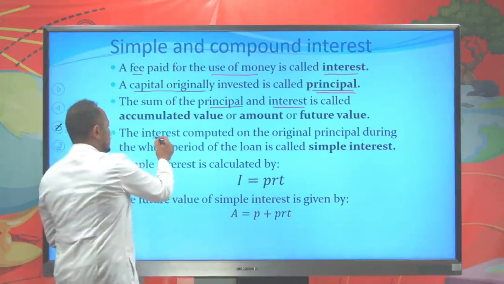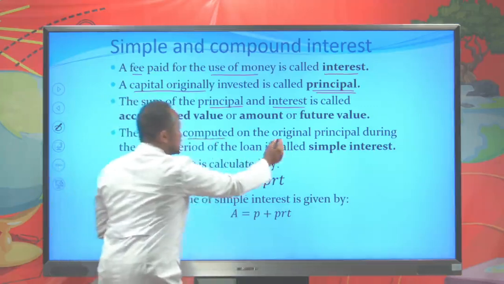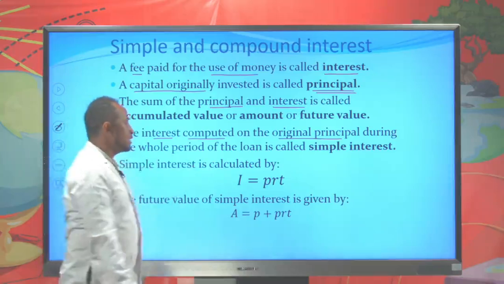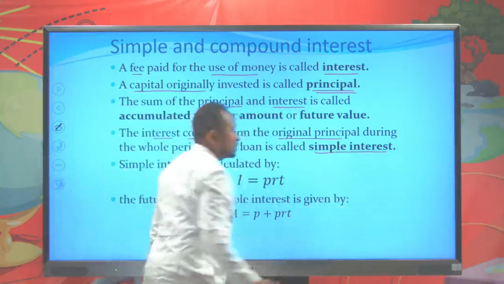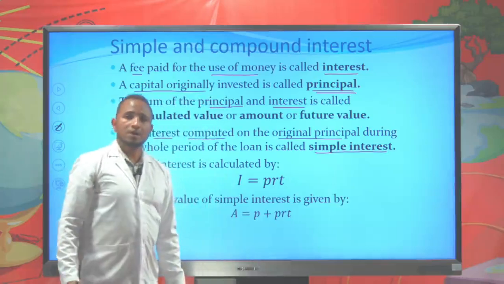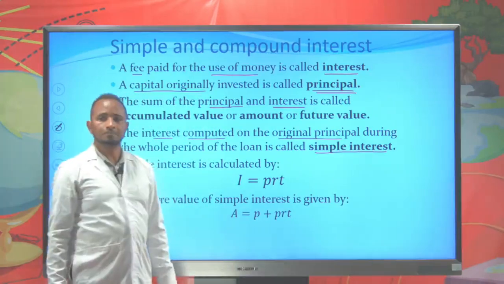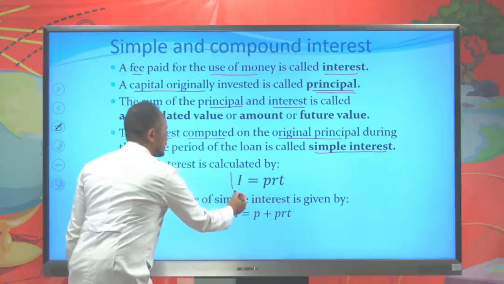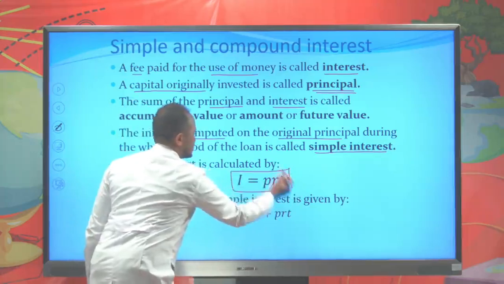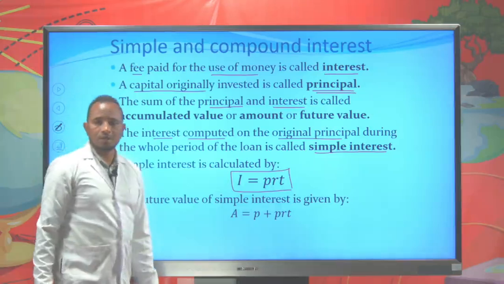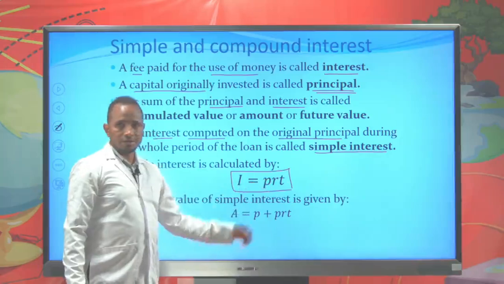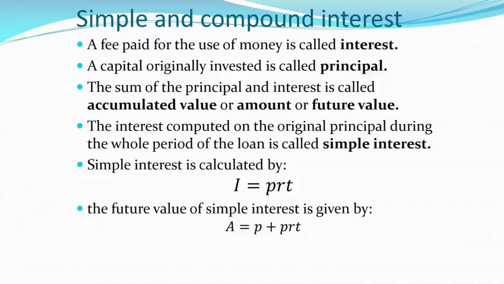The interest computed on the original principal during the whole period of the loan is called simple interest. Simple interest is the interest which is paid only on the original principal. This simple interest is given by this equation: simple interest is equal to PRT, where P is the principal, R is the rate, and T is the time length in which the loan is given.